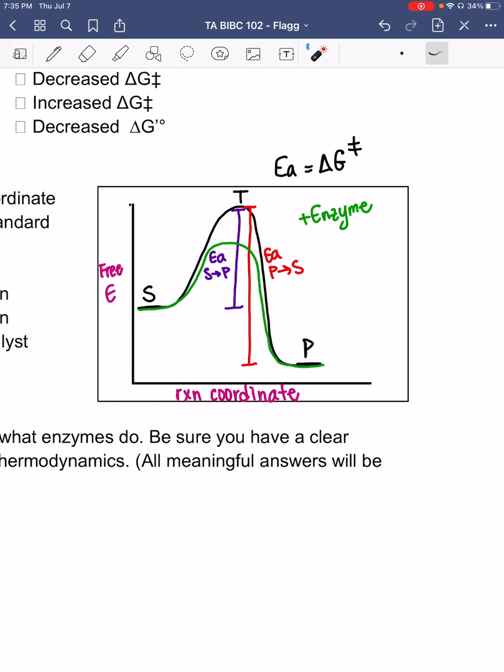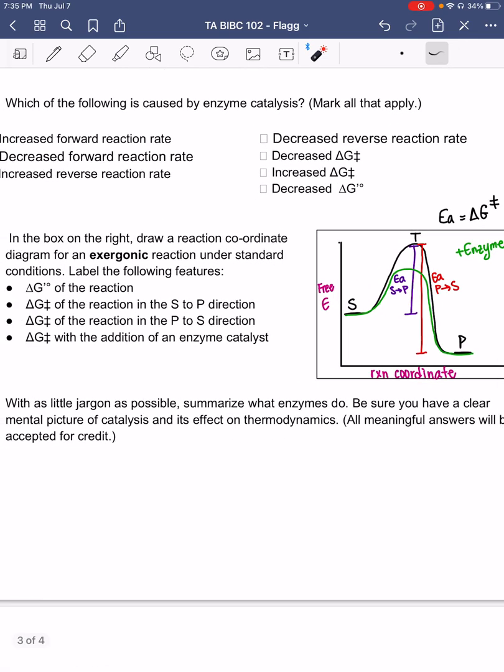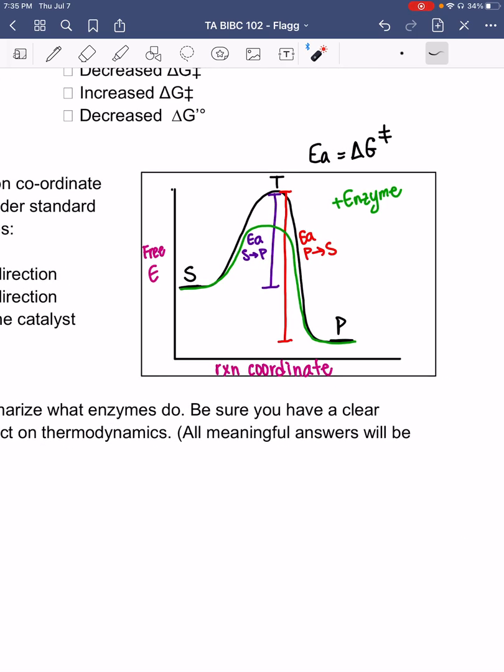Okay? And the last thing that this question is asking us to note is the delta G prime naught of the reaction. And as some of you may know, the term delta is change, right? So change in G prime naught, so change in energies.